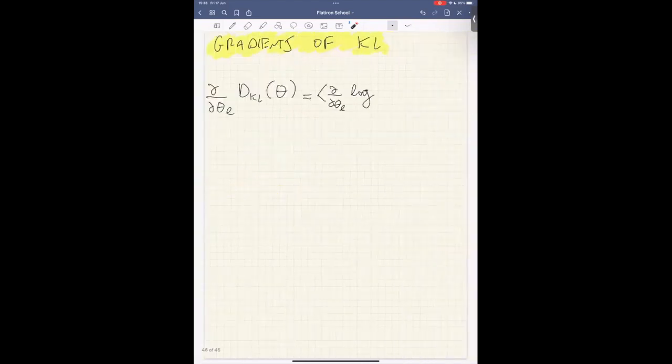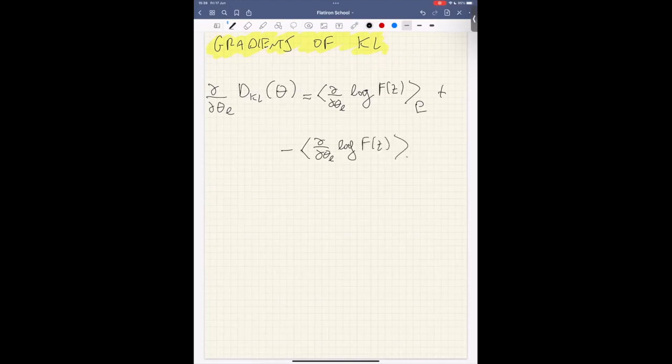Now, with this definition, which is the usual one that we used also last week, the gradients are the logarithm of f(z), averaged over the probability distribution p, the one that is given by my model, minus a second term, which is the derivative with respect to parameter theta_L of the logarithm of f(z).